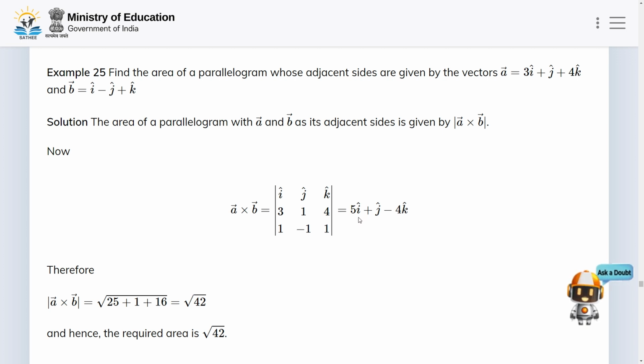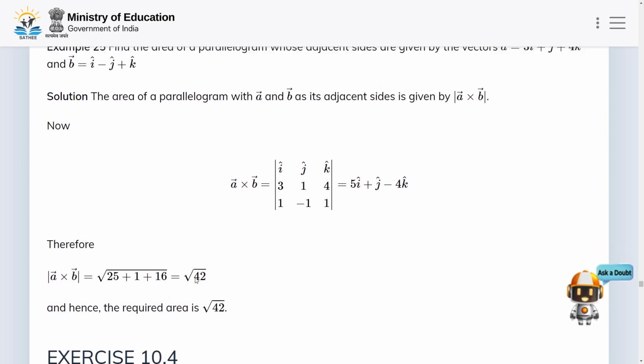Now what you have to do? Find the magnitude. The magnitude is very simple: the root of the square of the first scalar component plus the square of the second scalar component plus the square of the third scalar component.